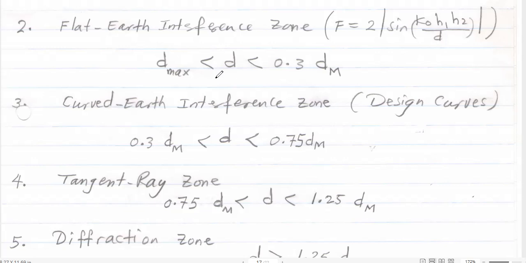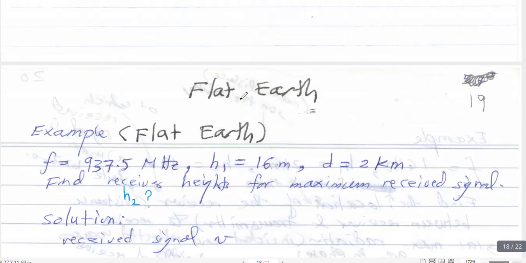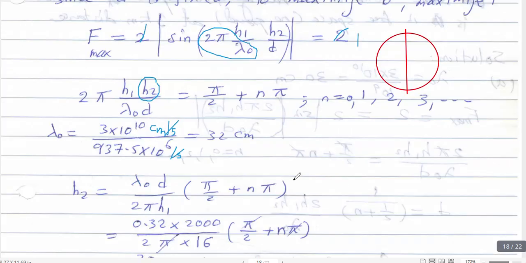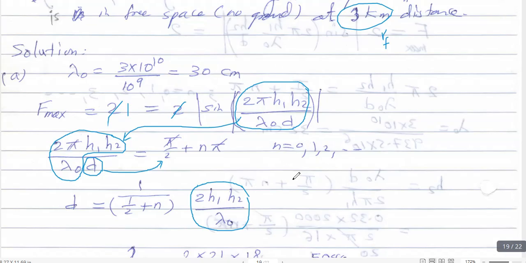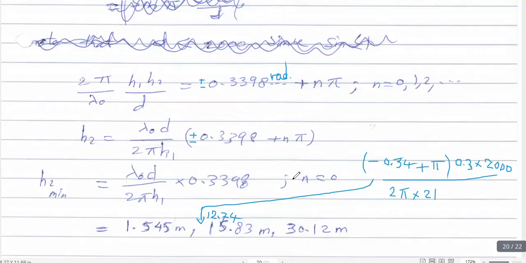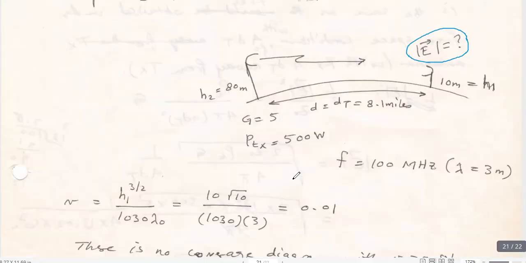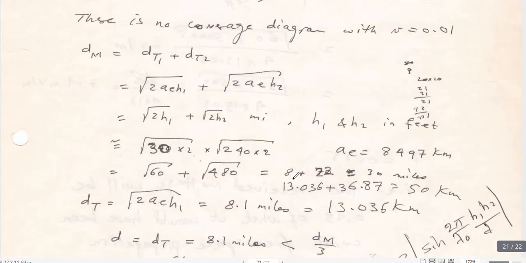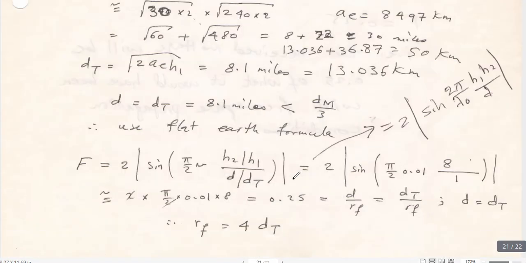Therefore we can use this formula, and of course d is greater than d max. Therefore we can use here F is equal to twice sine of k naught, 2 pi over lambda naught, h1 h2 over d.